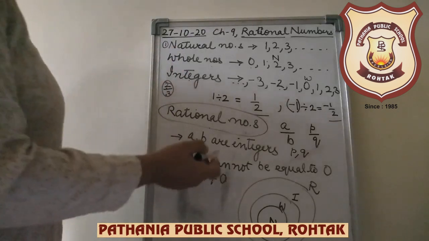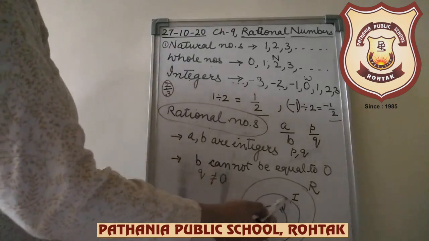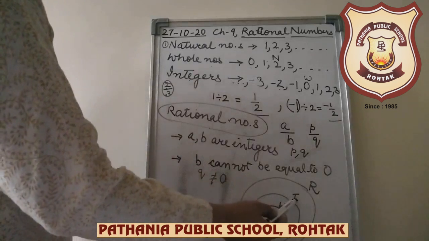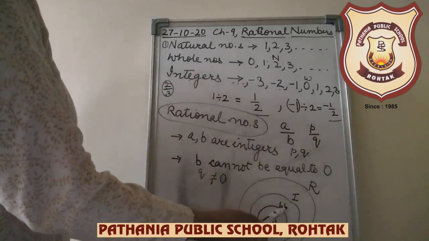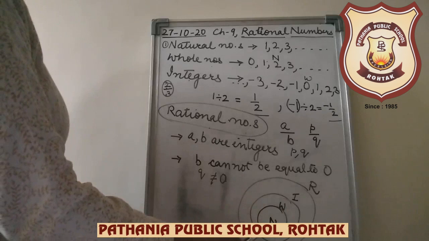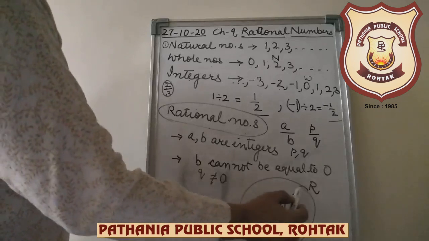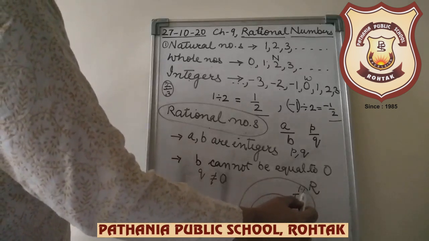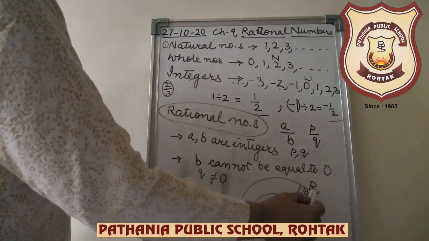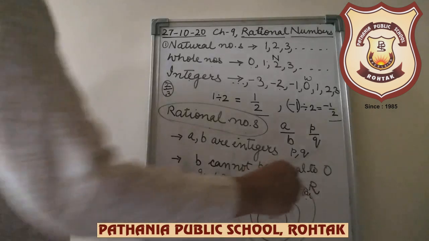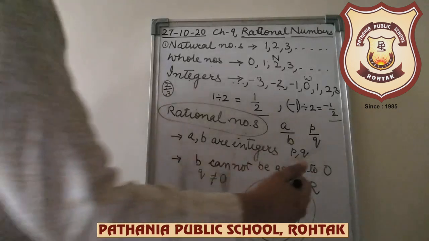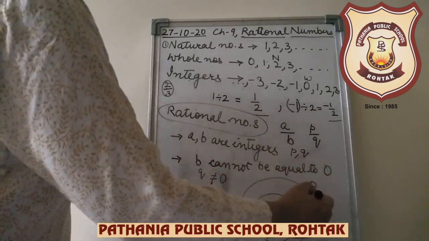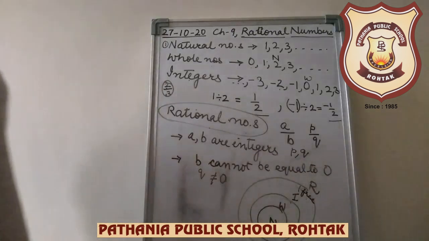So rational numbers will include all the integers, and integers include whole numbers and natural numbers, plus fractions are also included in this rational number category. Is that clear?